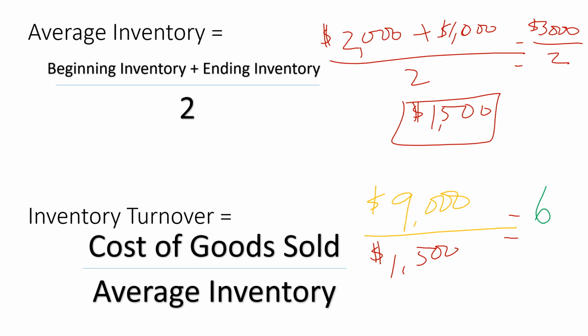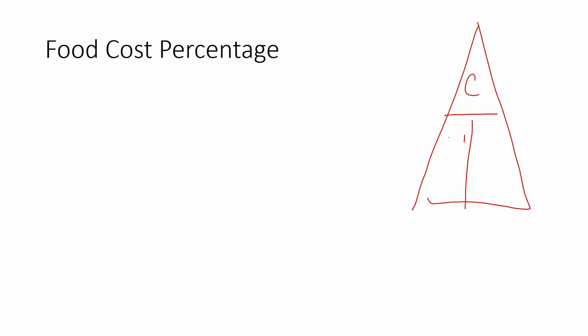Now, one more thing we want to use cost of goods sold for is our food cost percentage. With our food cost percentage, remember, we have our handy little tool here, cost percent sales.